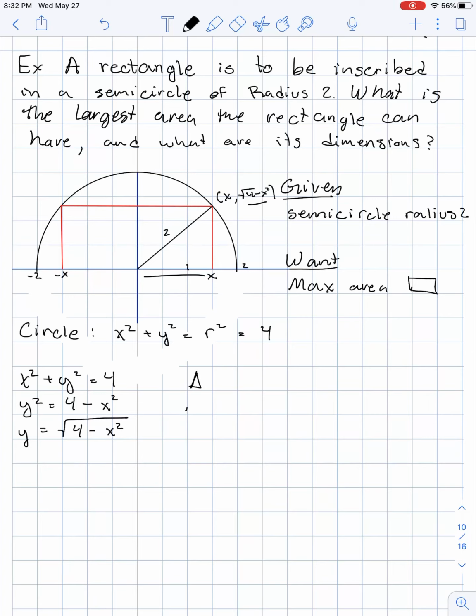The area of the rectangle is going to equal length times width. Our length in this case is, well, if the middle of the rectangle is at 0, it's going to go x to this side and x to this side. So length is going to be 2x, and its width, I think I called it height earlier, is going to be its y value, the square root of 4 minus x squared.